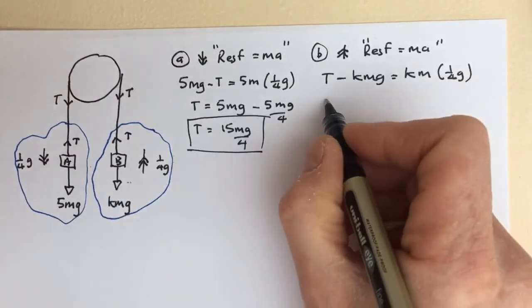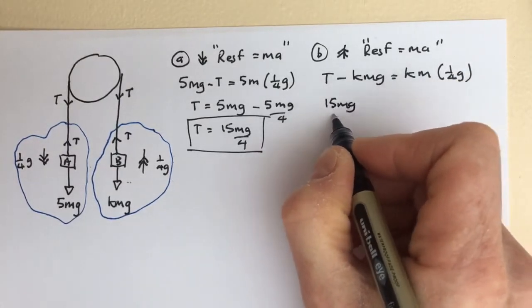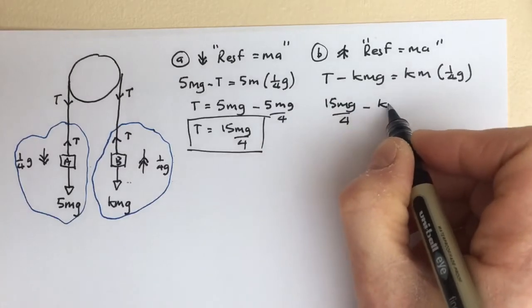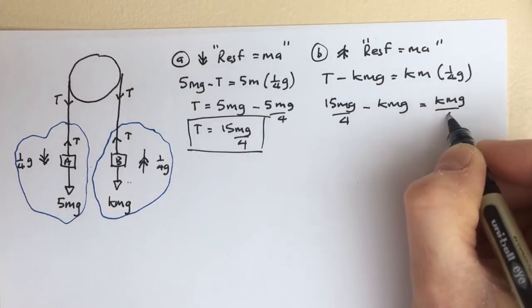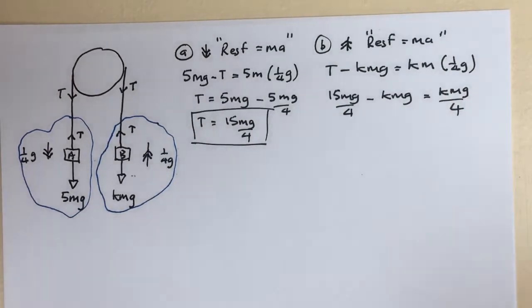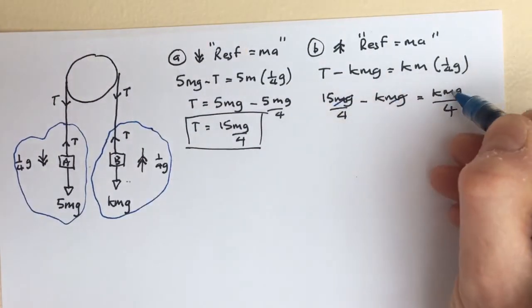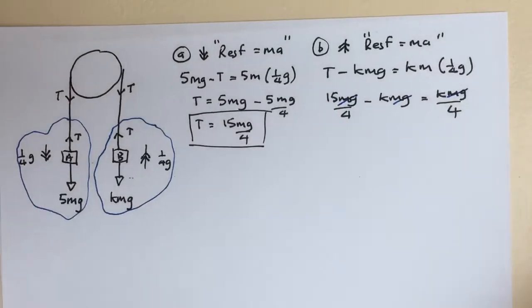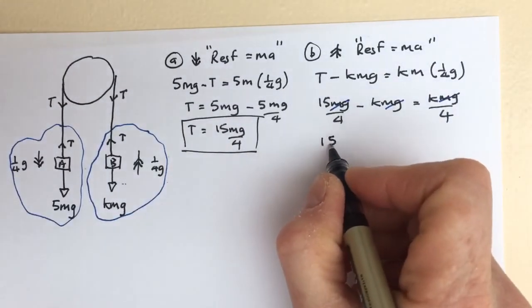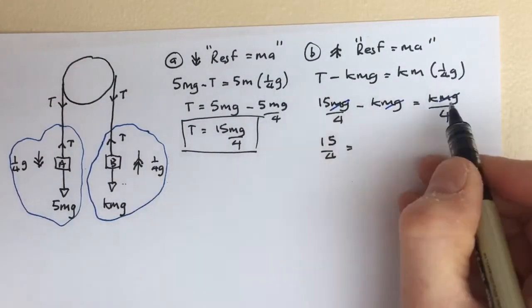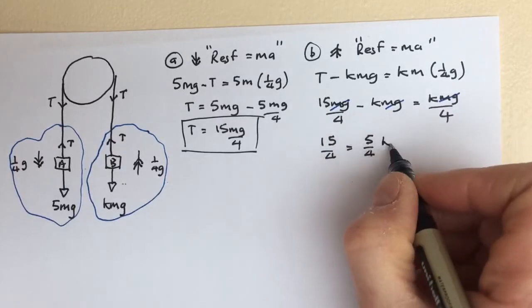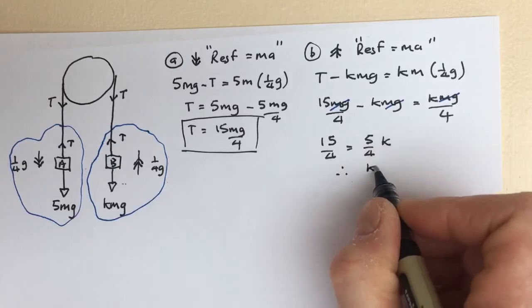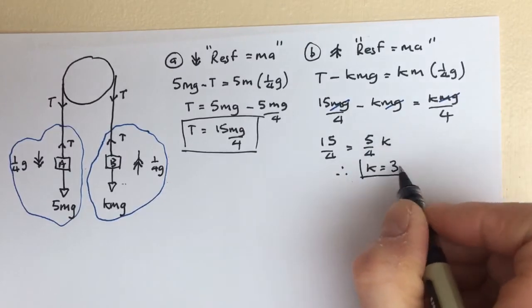I know that T is 15mg over 4, so 15mg over 4 minus kmg is equal to kmg over 4. Now my mg's all cancel out. So I would have 15 over 4, and taking this k over here to add to the quarter, I would have 5 over 4 k, so therefore I know that k is equal to 3.